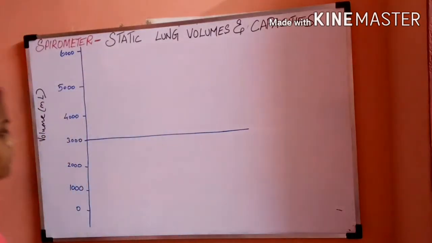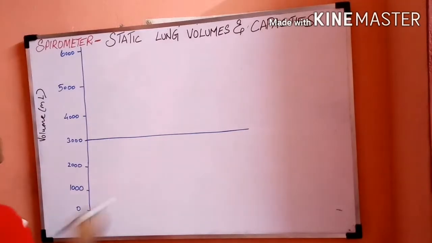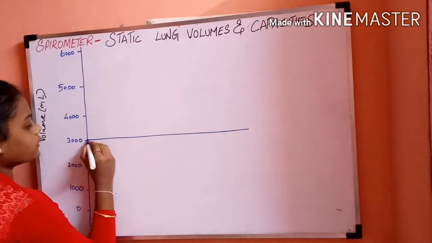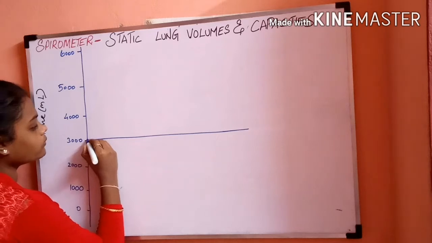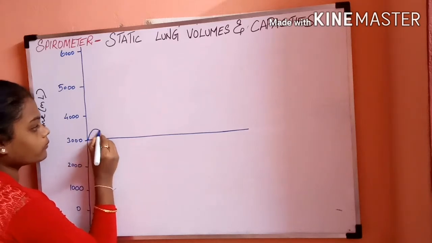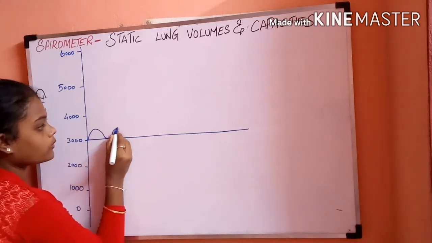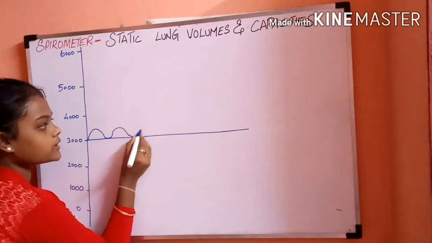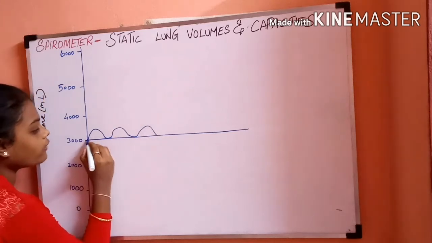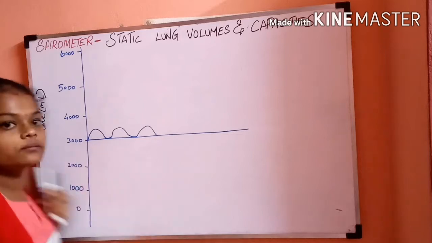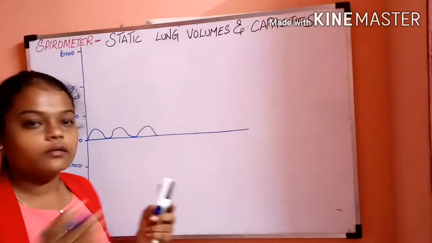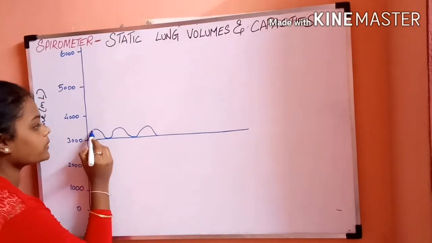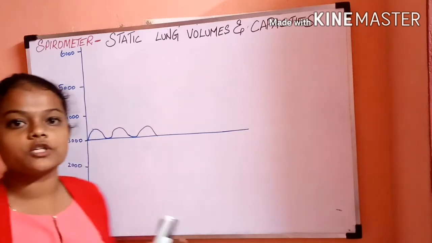Okay, so let us see in the graph. Here the graph, tidal volume இப்படி தான் போகும். So this is the tidal volume. Here we have tidal volume inspiration, and tidal volume expiration.